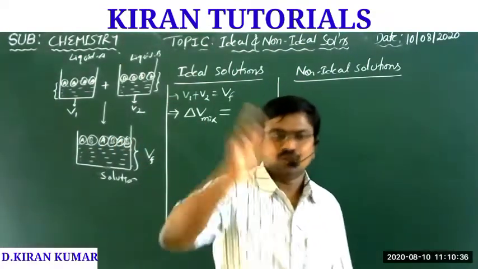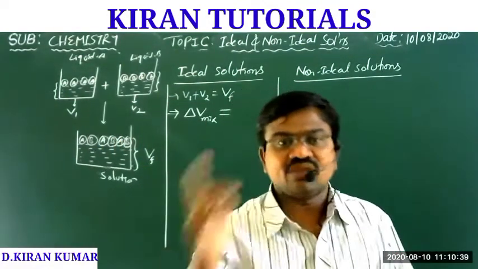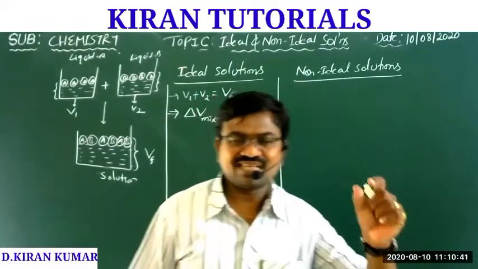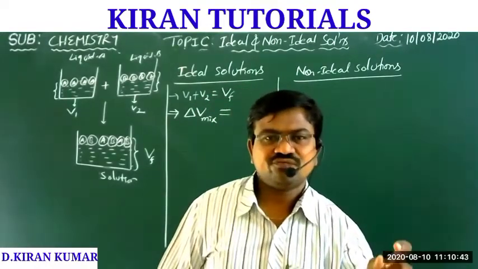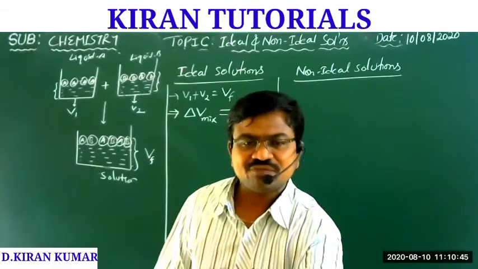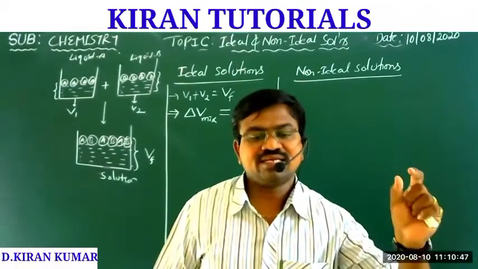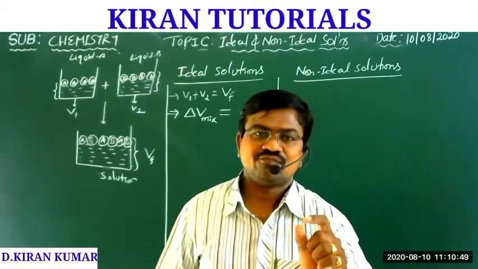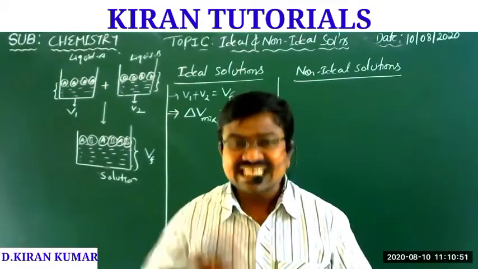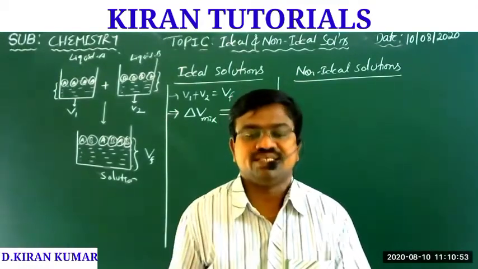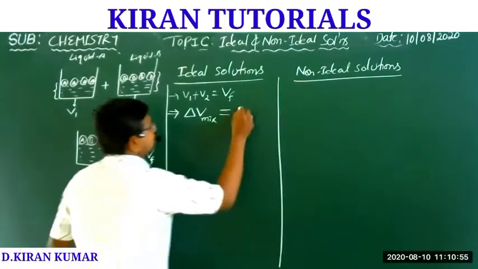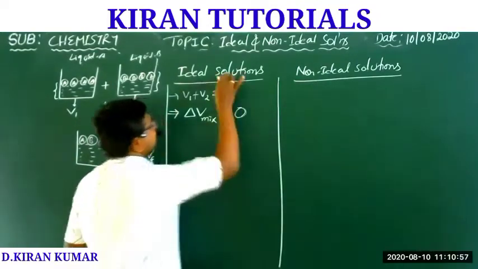Change in volume. For example, V1 is 50 ml, V2 is 50 ml, V final is 50 plus 50, 100 ml. Is there any change in volume? No change. So it equals 0 for an ideal solution.